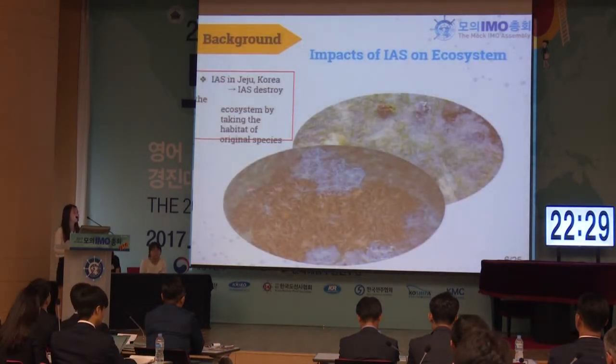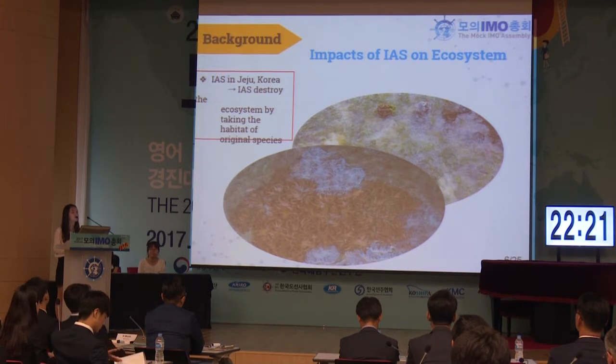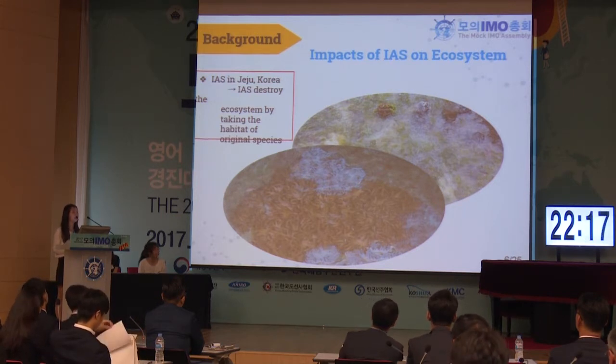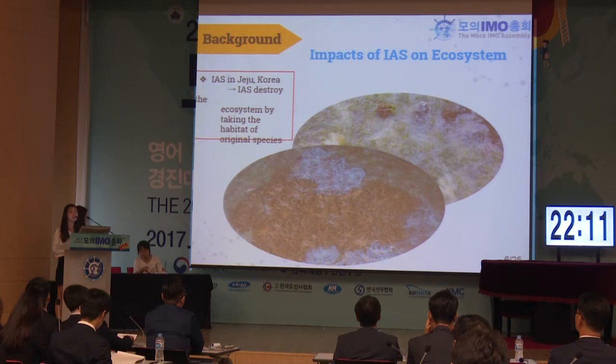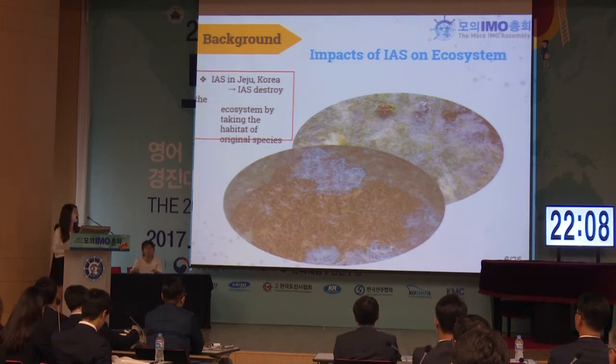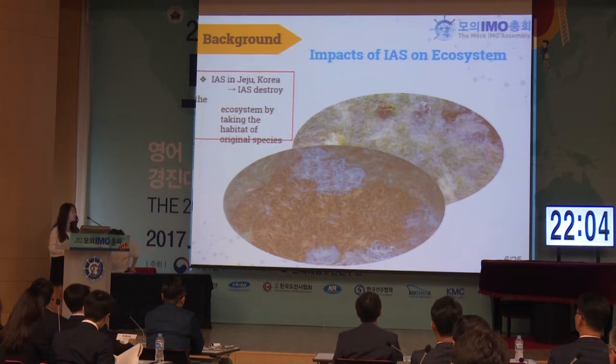This is a picture of invasive aquatic species in Jeju of South Korea, destroying the ecosystem by taking over the habitat of the original species, showing how this issue is not only closely related to us, but also something that we can no longer ignore. The next speaker will further explore this issue by discussing some of the problems of the current IMO resolutions.